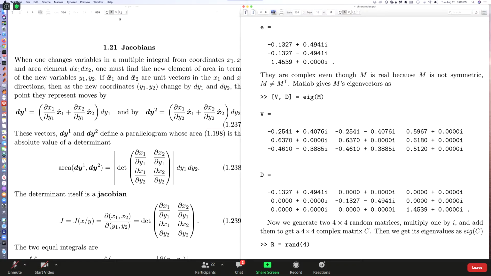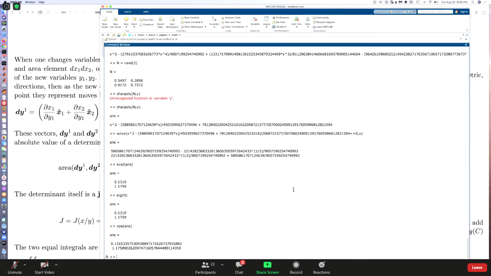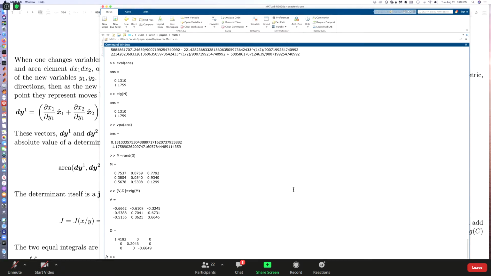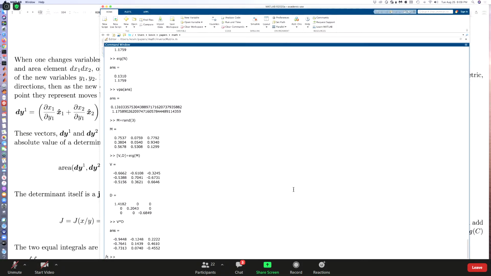So let's see that. Trouble. All right, let's start all over again. Let me see if I can do this quickly. So M equals rand of 3, say, and then VD equals eig of M. Okay, and so now V times D. Whoops.